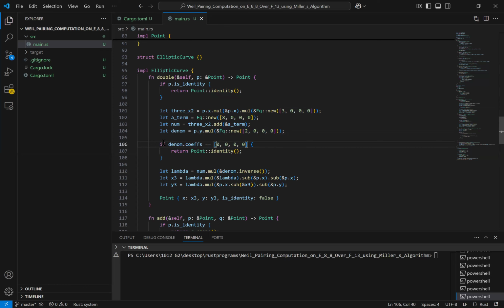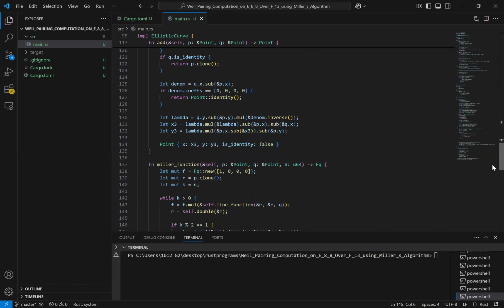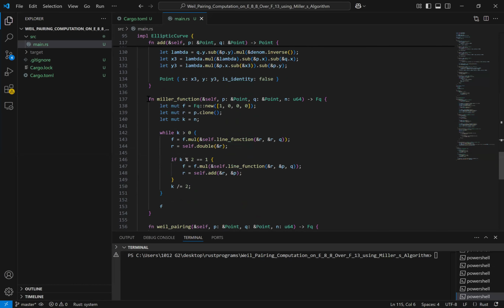After you've gotten that, lambda is here. Lambda is the numerator times the inverse of the denominator. After that, you come and find x3 and y3. These ones we've always been doing.